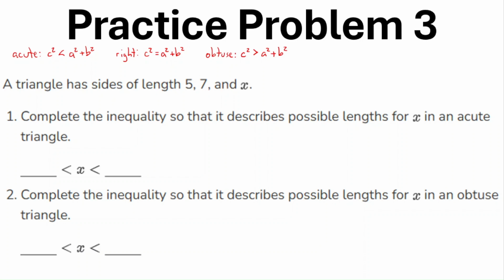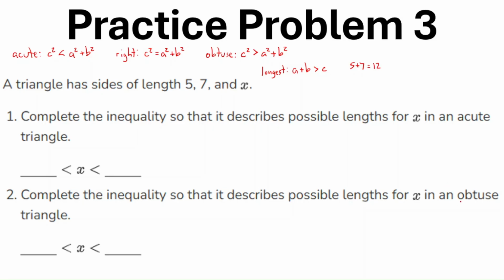And we learned a couple of ways to find lengths. We said the longest length comes when we take A plus B, and that is longer than C. So if we want X to be the longest, then we have 5 plus 7 equals 12.